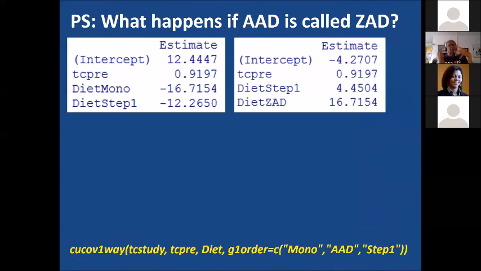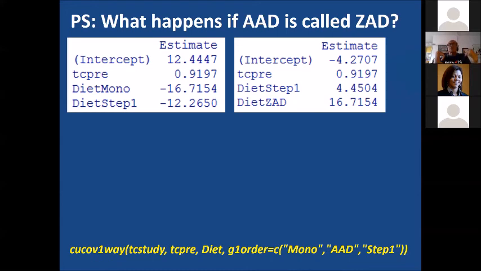In SAS, all packages, they generally order your categorical variable alphabetically. That's what they do. So here, of course, in our study, AAD was the reference diet, but we also chose the names that way. So AAD comes before mono and step 1 in the alphabet.